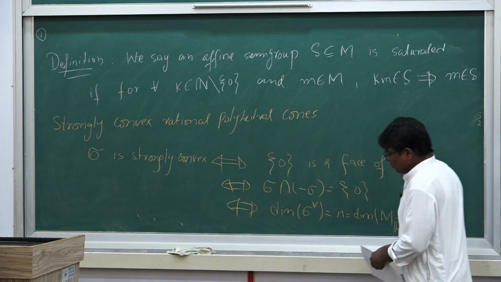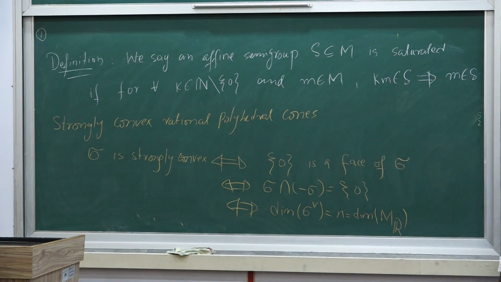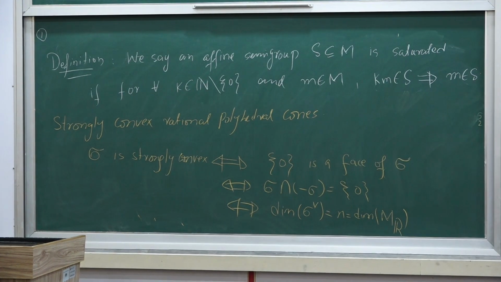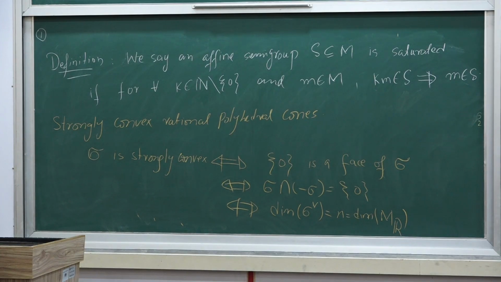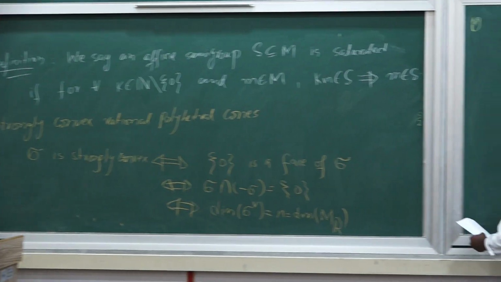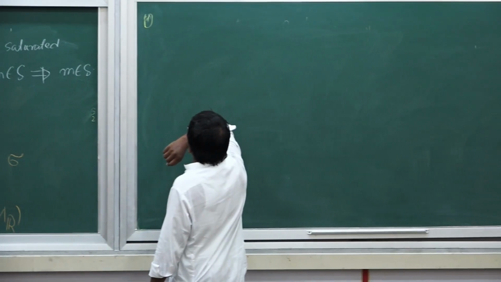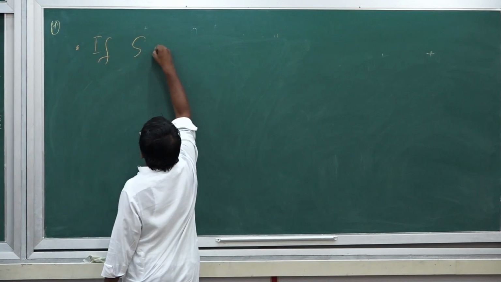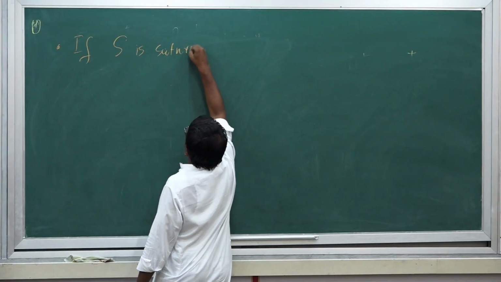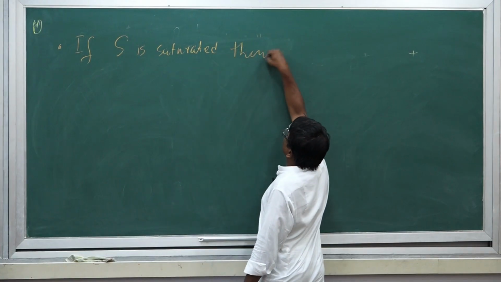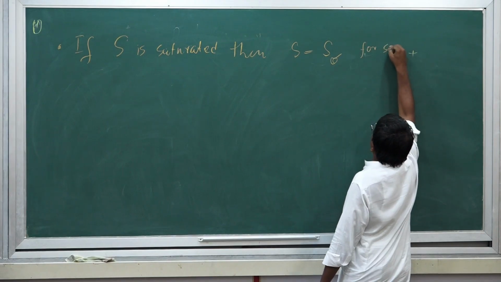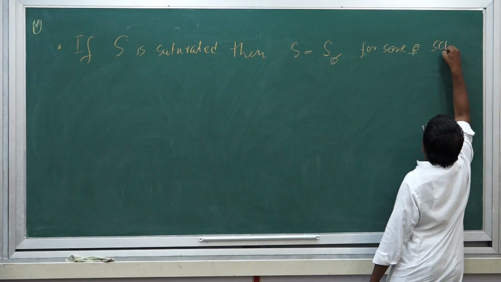So one other result, which is not hard, but a little bit lengthier to show: if S is saturated, then S actually is equal to S sigma for some sigma which is strongly convex rational polyhedral.